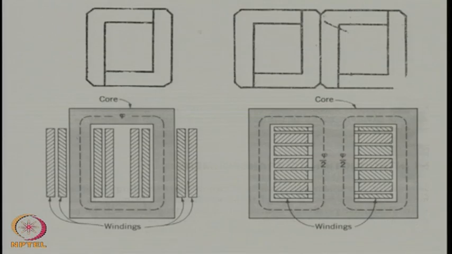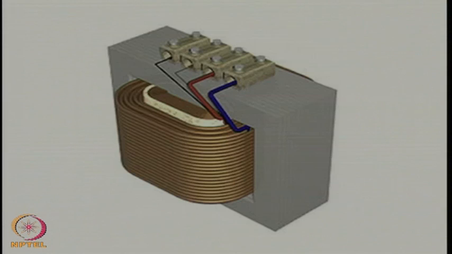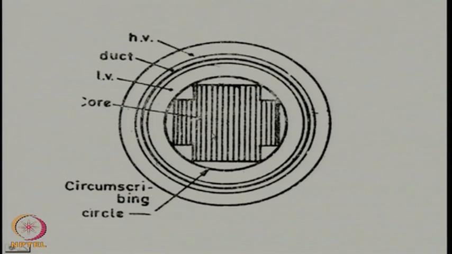If we look at the cross section of the central leg, then this is what we will find. The inside hatched portion shows the transformer laminations.